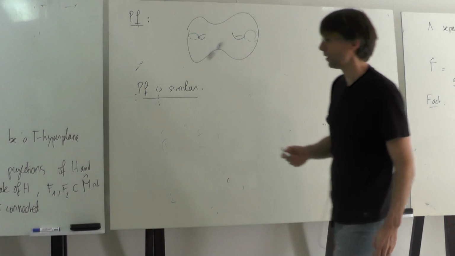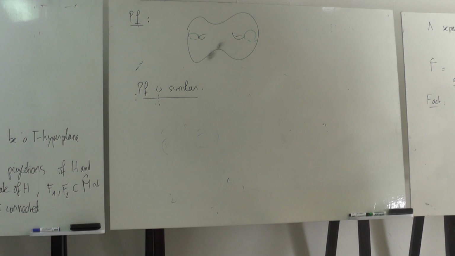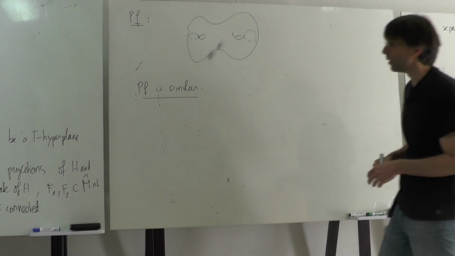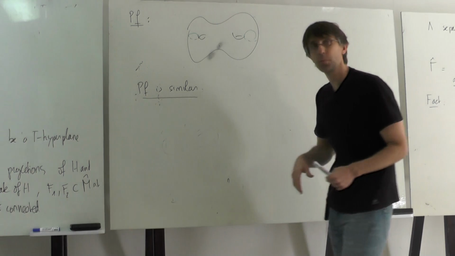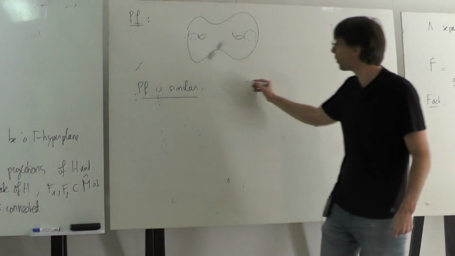Because what can happen? Now we know that we can suppose our manifold is non-separating. So we are in the following situation.